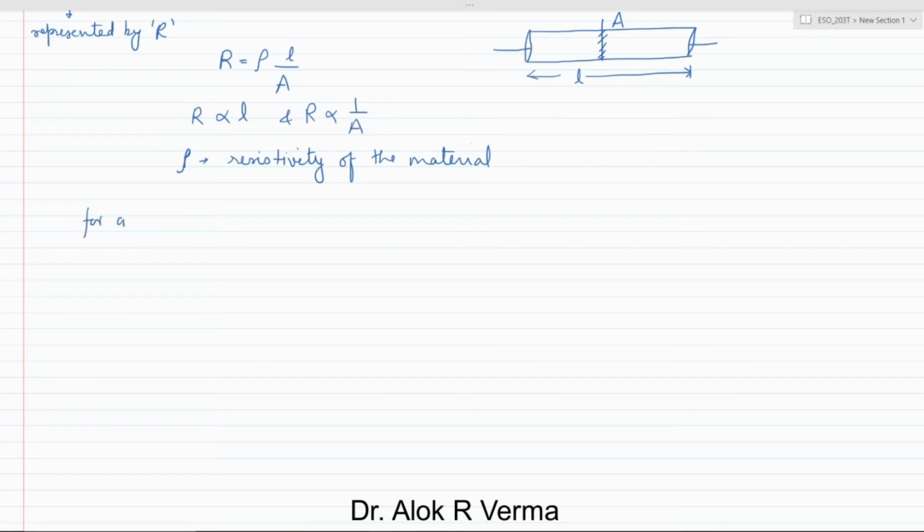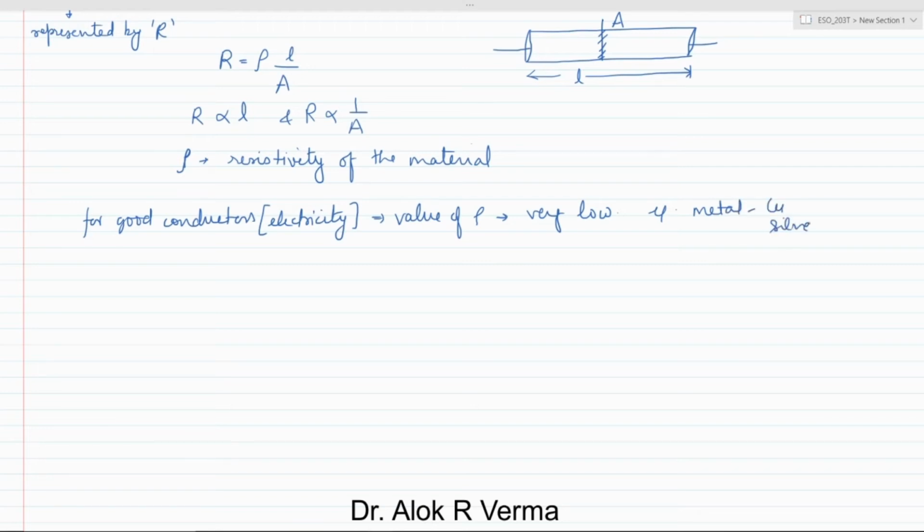For good conductors of electricity, the value of rho is very low. For example, metals such as copper and silver lie in the range of 10 to the power minus 8 ohm meter.